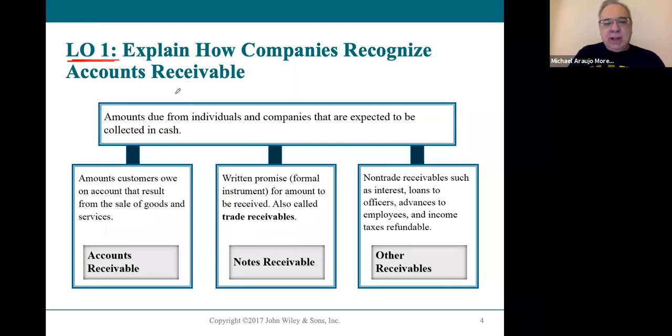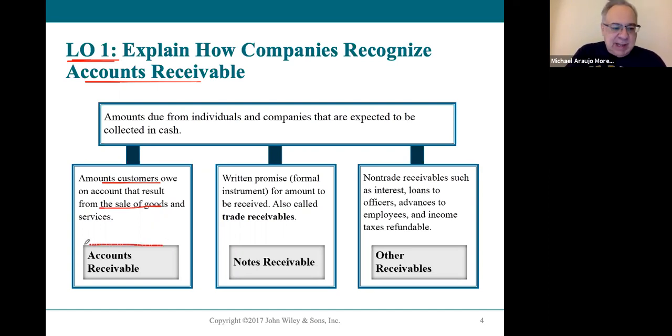Now remember what an accounts receivable is, right? An accounts receivable is basically you've already done the work for the customer, or you have already sold the customer goods, and you have agreed to receive payment later, usually in 30 days.